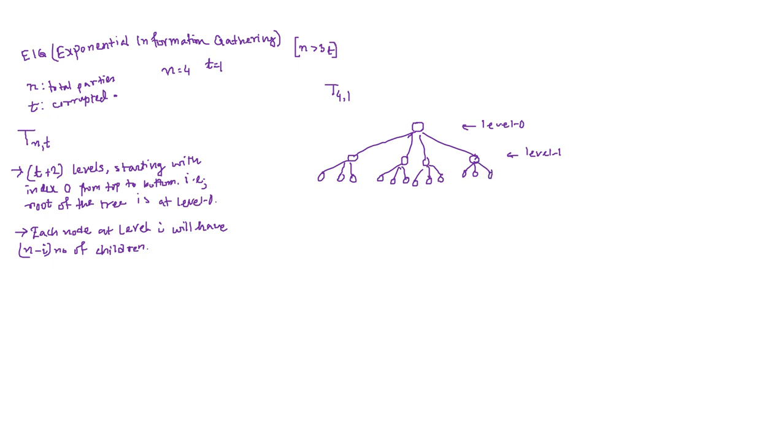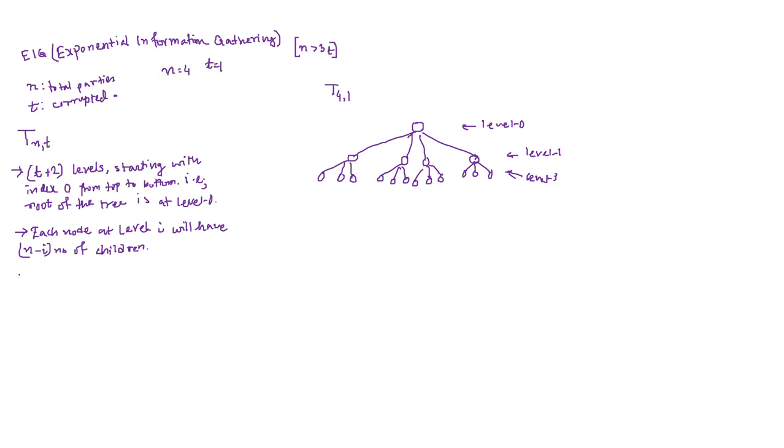Now how many levels do we have? Level 1, level 2, level 3, right? And the first point says that T N comma T has T plus 2 levels. T is 1 for our case, so there will be 3 levels, and we have already drawn 3 levels. So this is what our T4 comma 1 will look like according to these 2 points.